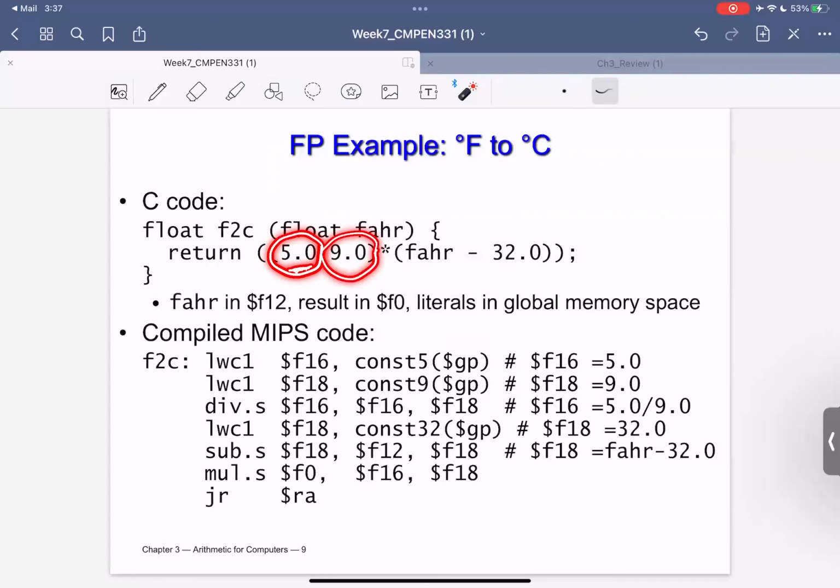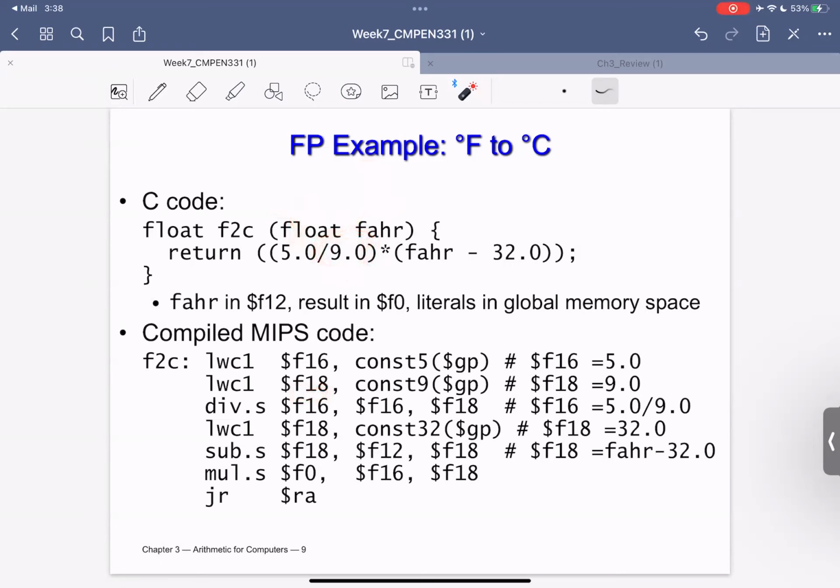How we can do that? Interestingly, this is an example of how to do that. Load word 5, I will write as a constant 5 from the global pointer to F16. So that means that F16 now is equal to 5. We'll do the exact same things with constant 9, but it will be saved in F18. So now this is in F16, this is in F18.